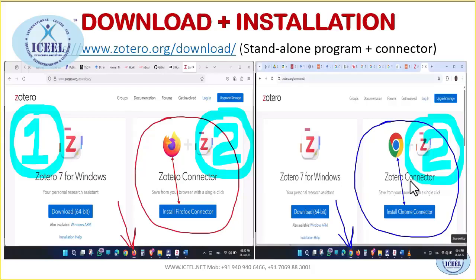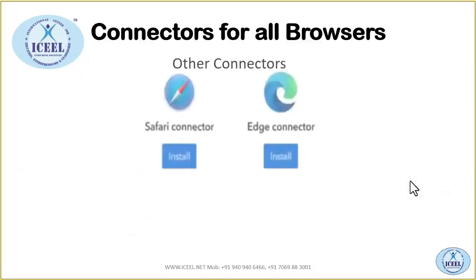Nothing to it. It's completely free. Nothing is required to be given. No username, no email, nothing. So first you have to install the software, and second, you have to add a plugin, the Zotero connector.